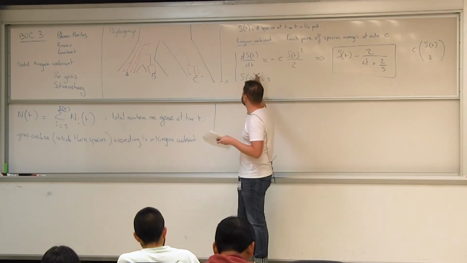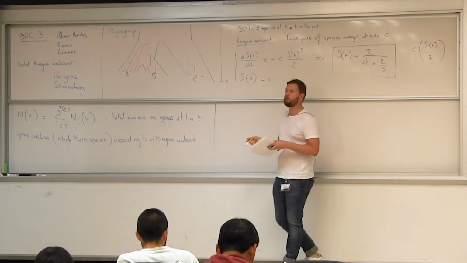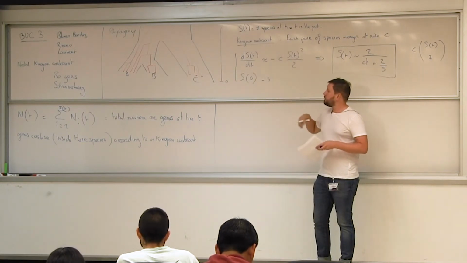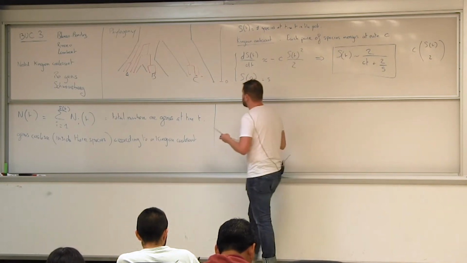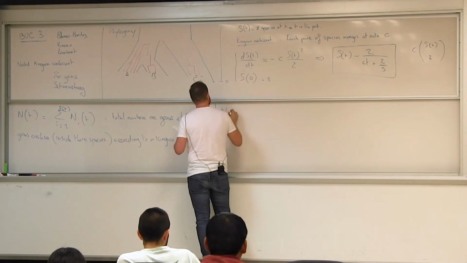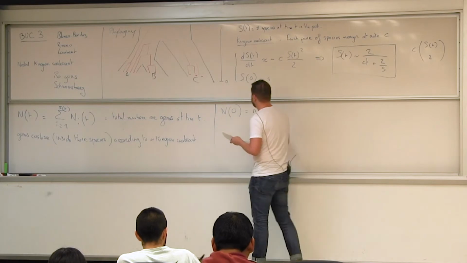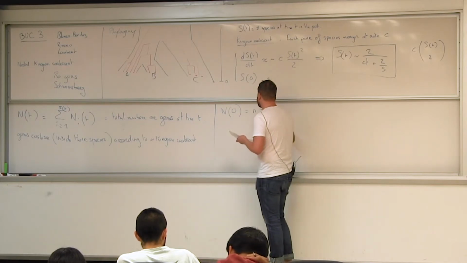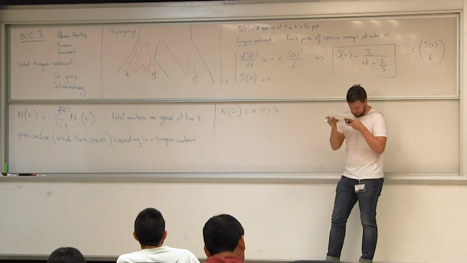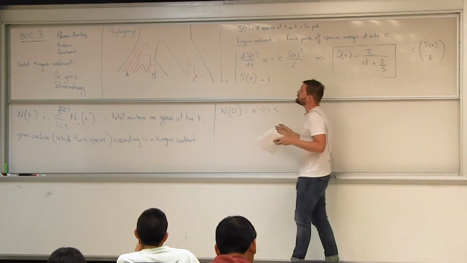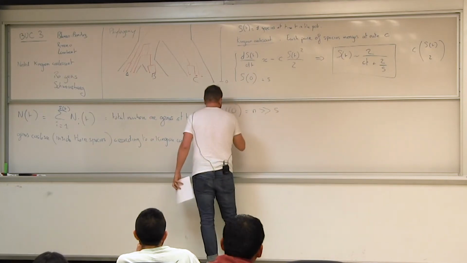So I can use the same type of approximation to get an intuition of what's going on, because now I will try to find an approximation for N of t in small times also. So let's say that N of 0 equals N, and we will suppose first that N is far bigger than S. Is it N or N_i? No, N_i of 0, sorry.